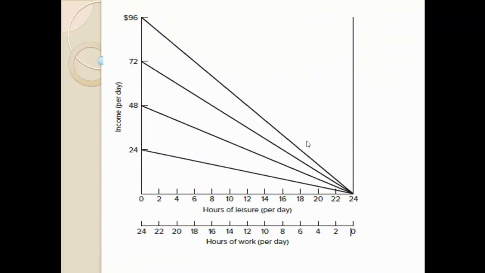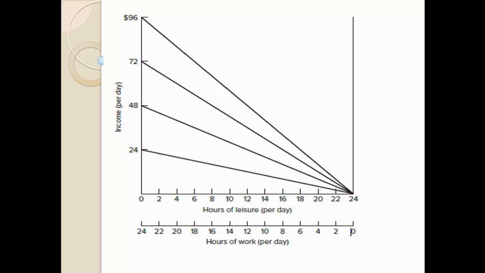The fourth figure we see is the budget line for the labor. We measure income on the y-axis and the work hours on the x-axis. As we discussed in the previous lecture, our labor has 24 hours for work and leisure.